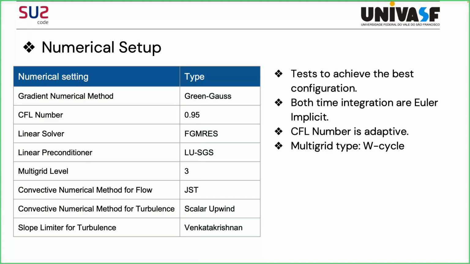Multigrid is activated, using the W cycle, and for the linear solvers, FGMRES and LU-SGS. Further, JST for convective flow, and scalar upwind for turbulence, using Venkatakrishnan as a slope limiter.